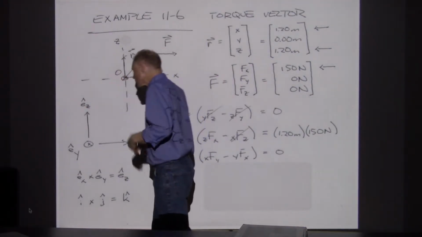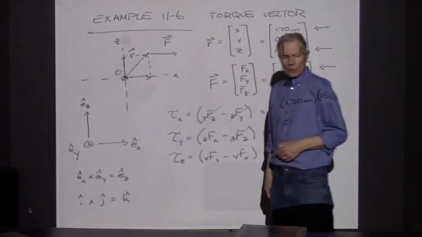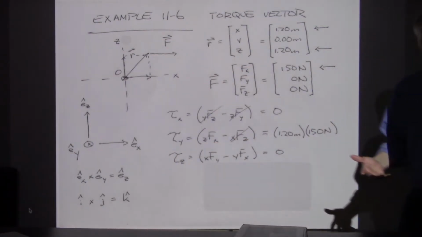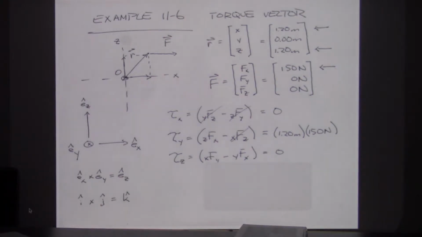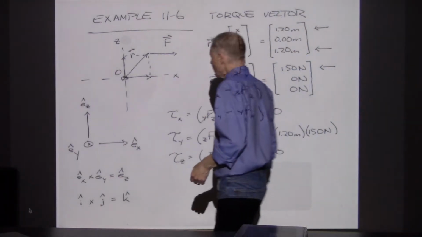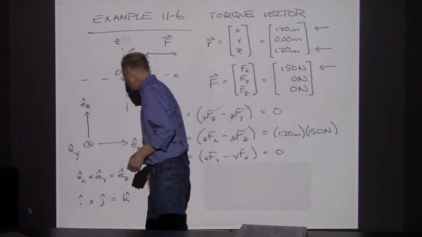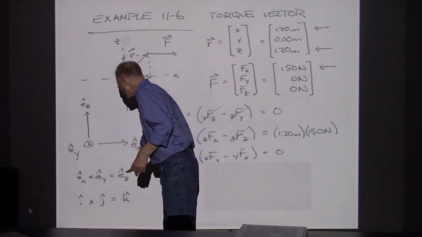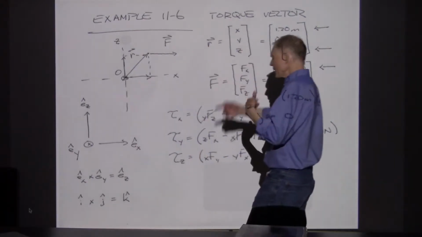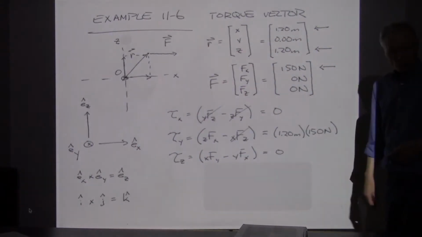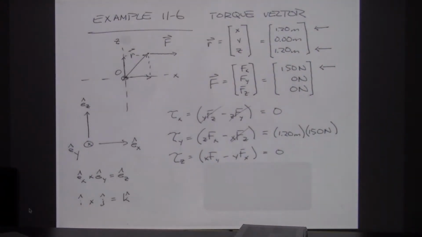So the way cross products work, the way right-handed coordinate systems work is that the x unit vector cross the y unit vector equals the z unit vector, and then we can cycle through. So x cross y equals z, y cross z equals x, z cross x equals y.